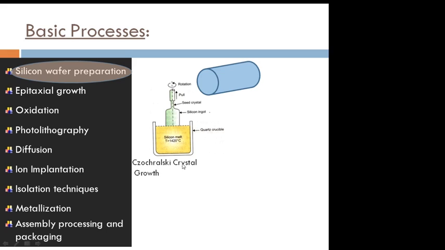So the Czochralski crystal growth method is very well known, because with the help of this crystal growth technique we are capable of making a very long crystal, maybe up to 1 meter.